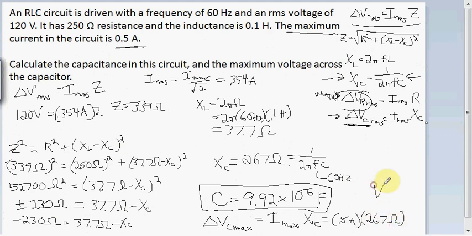And this gives me the maximum voltage across the capacitor: 133 volts. And that's the other thing we were going to calculate.